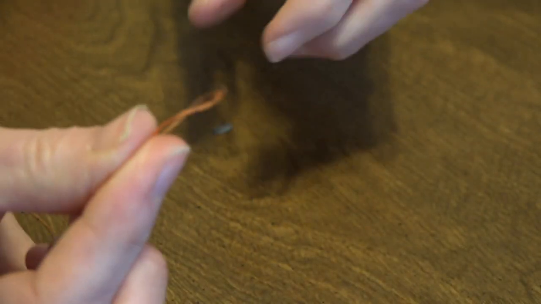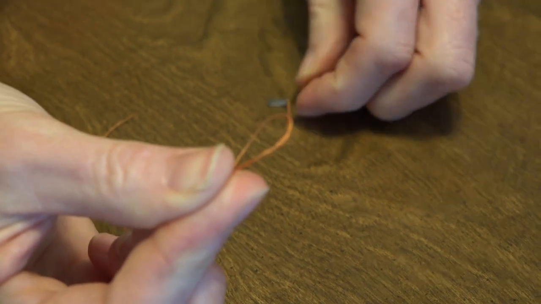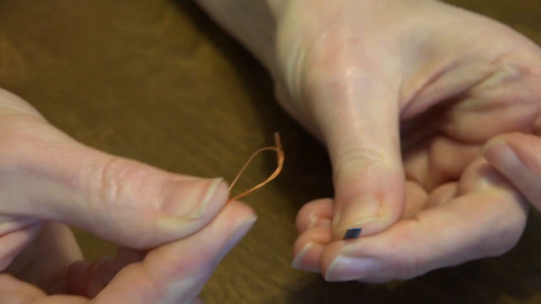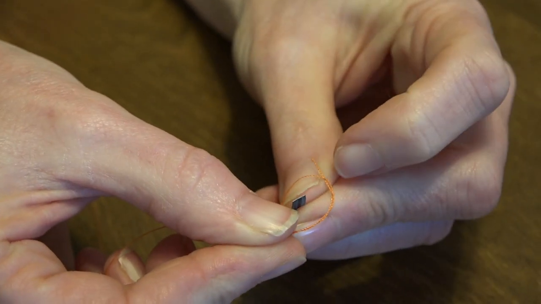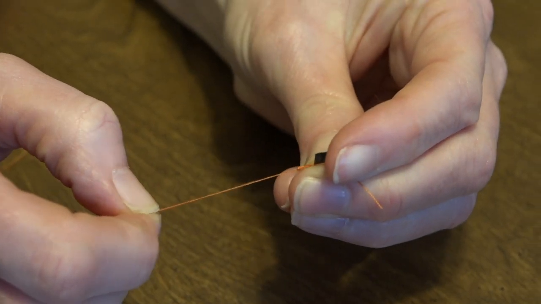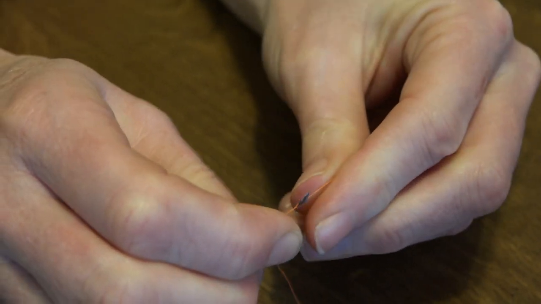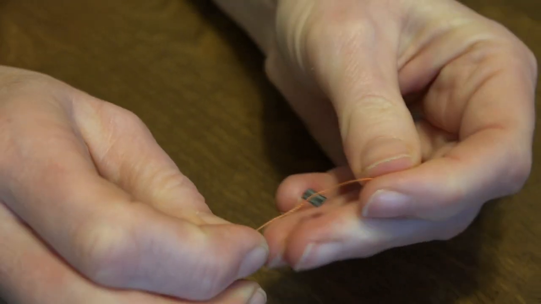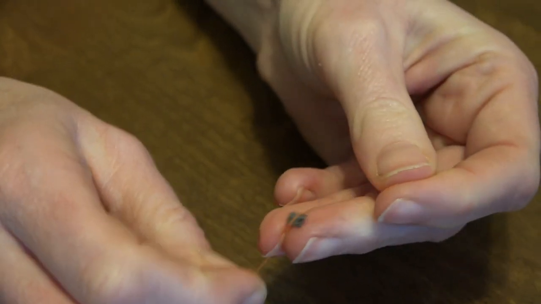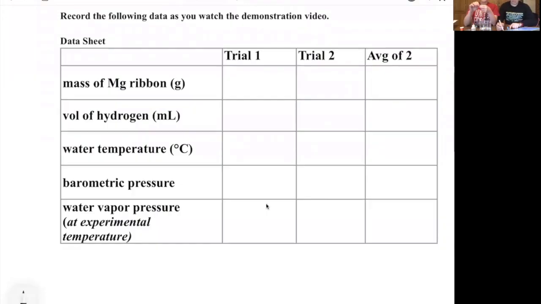I'm going to tie the magnesium ribbon onto this string. The mass of the magnesium ribbon is 0.0064 grams.